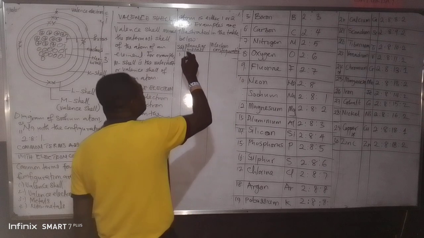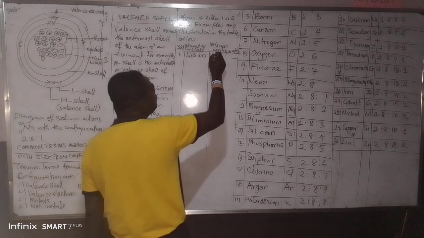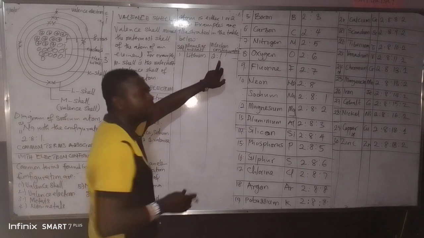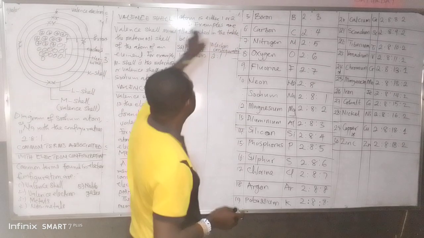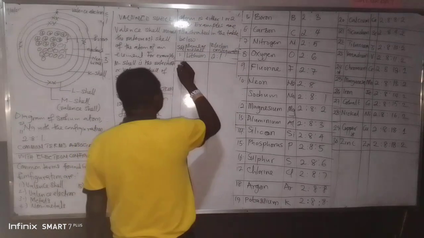First one is lithium. The configuration is 2, 1. Ending in 1 is a metal. This is within either 1, 2 or 3. It is low. You can easily lose it because it's too small.